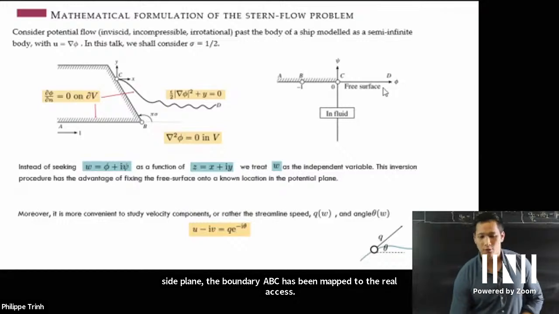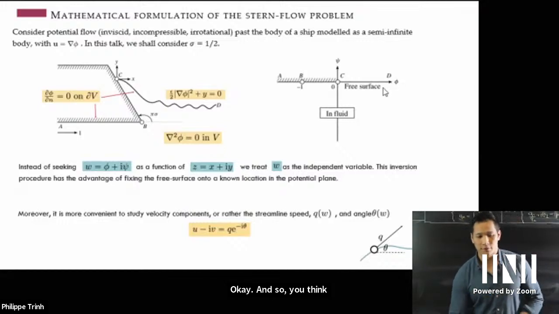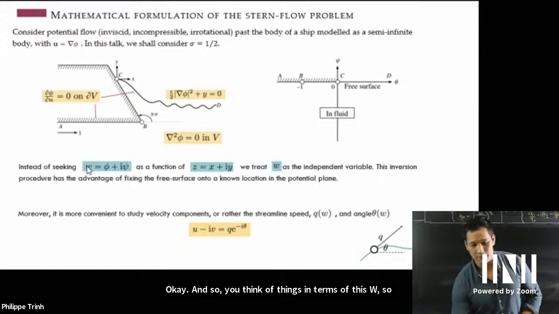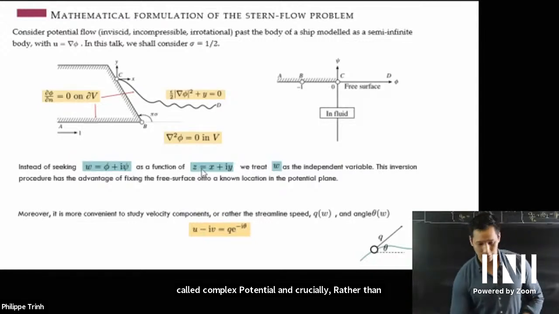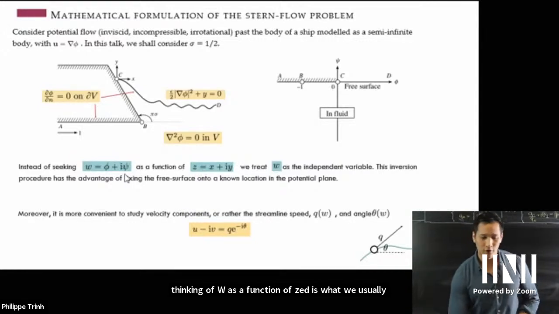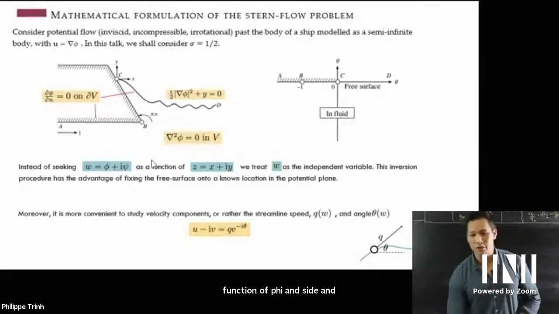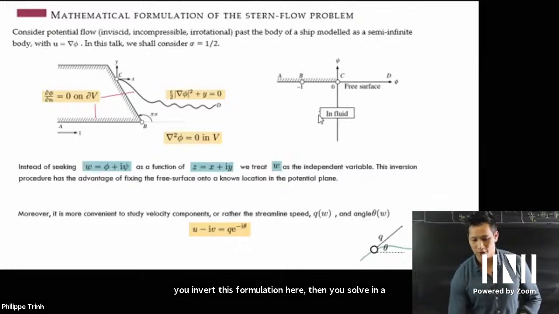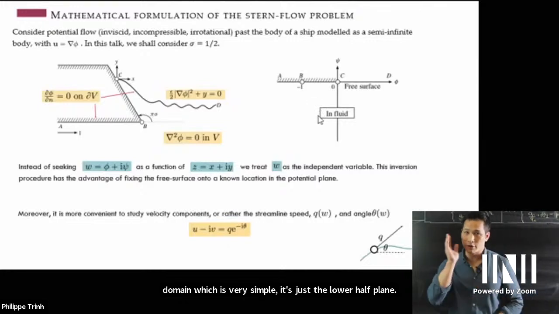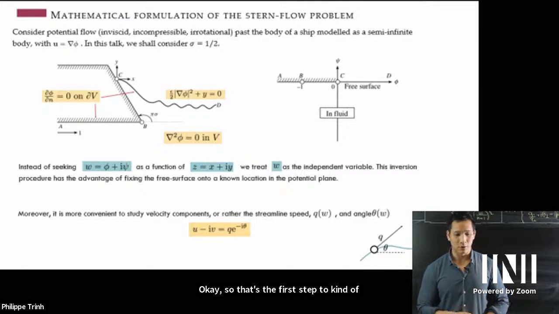So you think of things in terms of W, the so-called complex potential, and crucially, rather than thinking of phi as a function of X and Y, you invert that and think of Z as a function of phi and psi. The advantage is that if you invert this formulation, then you solve in a domain which is very simple. It's just the lower half plane. So that's the first step to reformulating this problem in a tractable way.